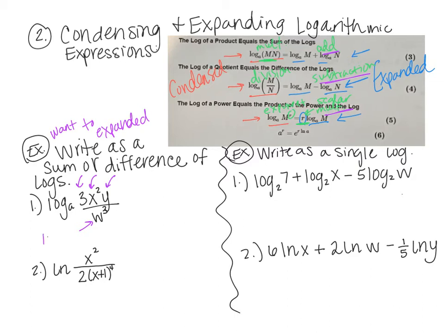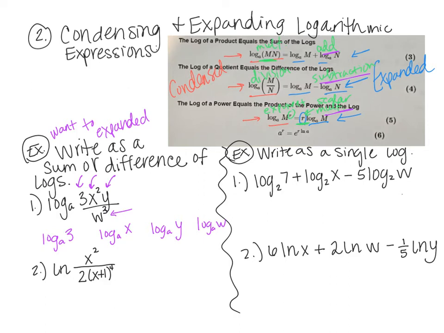I'm going to have a log sub A of 3, a log sub A of X, a log A of Y, and a log A of W. Okay. So what that means here, I don't want you to think that that 3 is connected to the W. Okay. So now what that means is I've got 1 for everything.